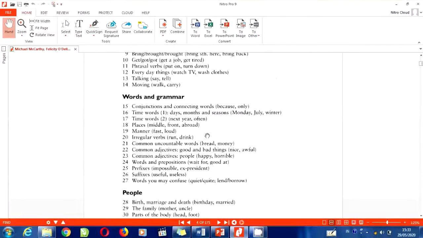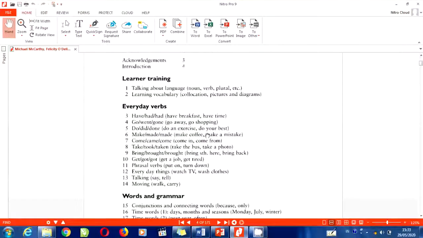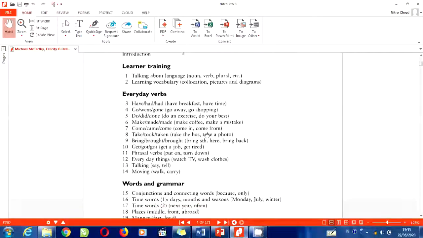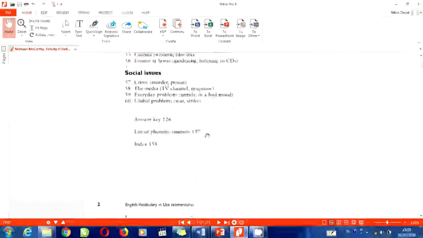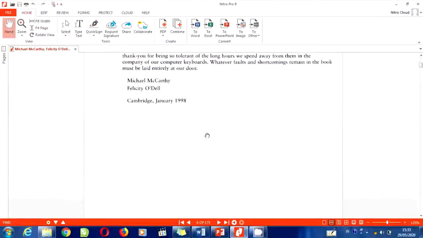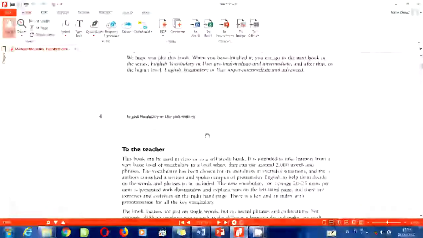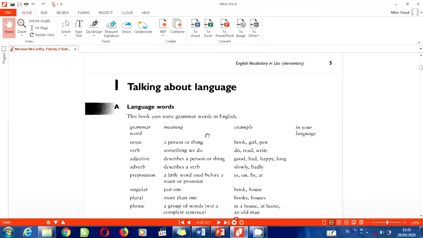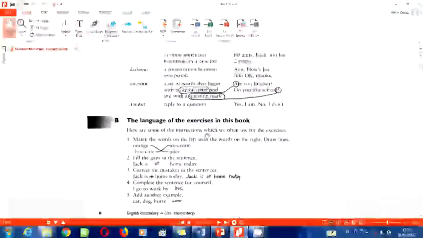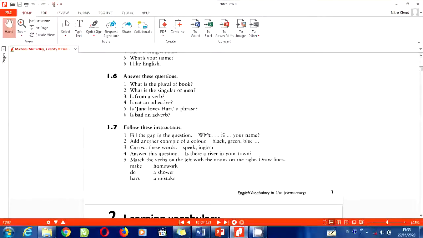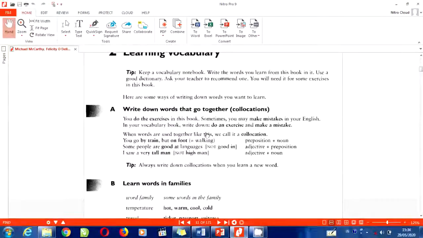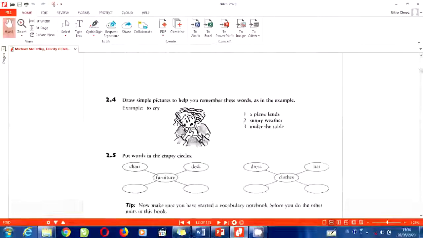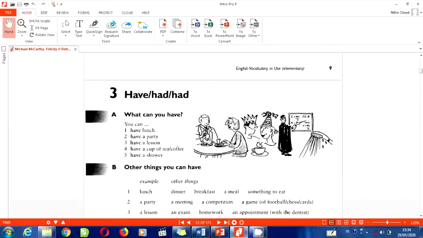This, for example, is a learner training everyday verbs. In this chapter there is no separation between chapters. First, talking about language. After that, 2, learning vocabulary. After that, 3, have or had.